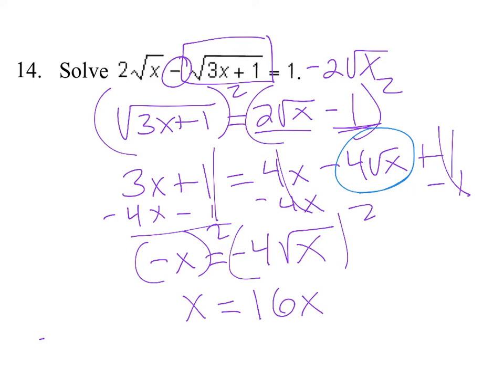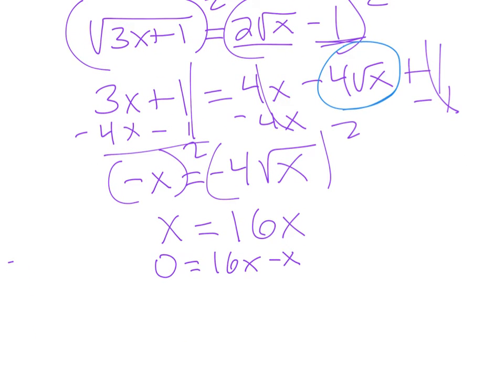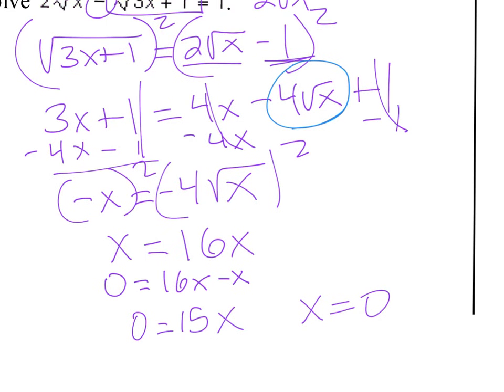Okay, now I've got to subtract the x. 16x minus x is 15x, so 0 is equal to 15x, which means x equals 0. Okay, I spotted a problem I had.